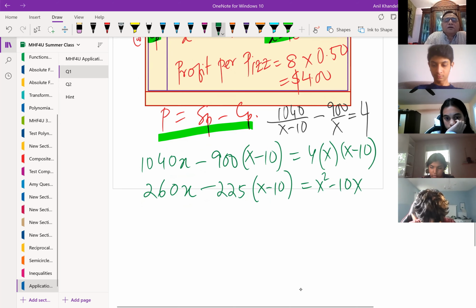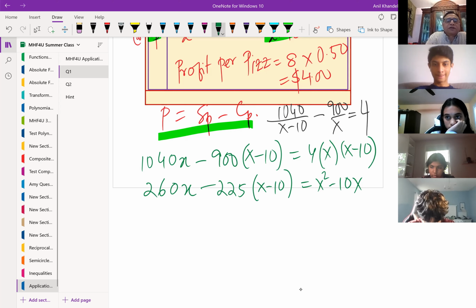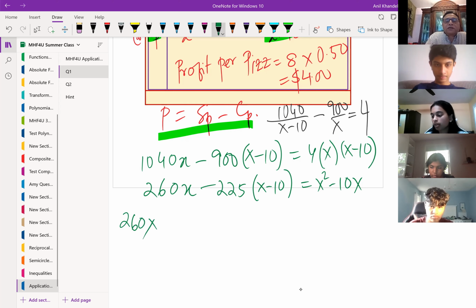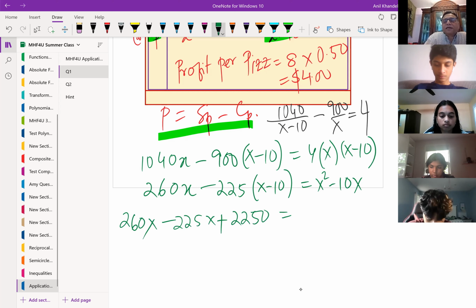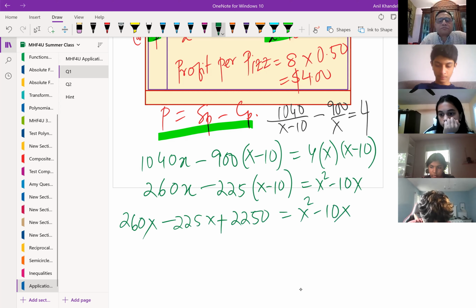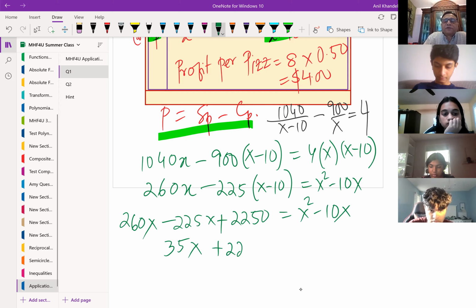Now open this bracket again. Check my calculations also, use a calculator. Minus 225x plus 2250 equals x square minus 10x. Combine the terms: 260x minus 225x is 35x.